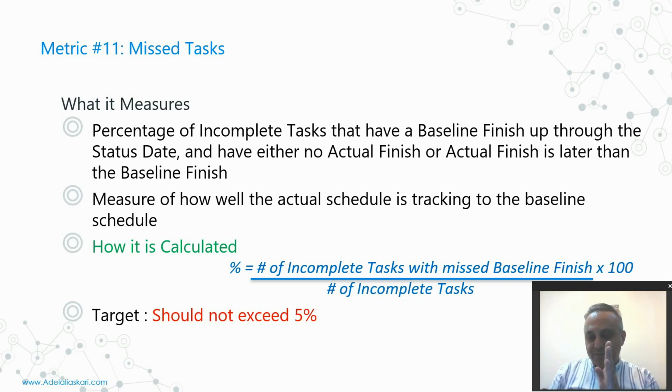Again, the cutoff date is set. For example, if the activity has no actual finish by the status date, or the actual finish is later than the baseline finish, we call it a missed task, and it should not exceed 5%.